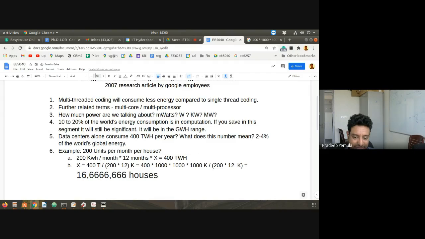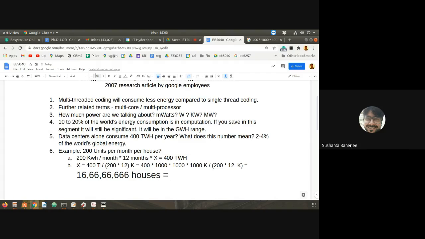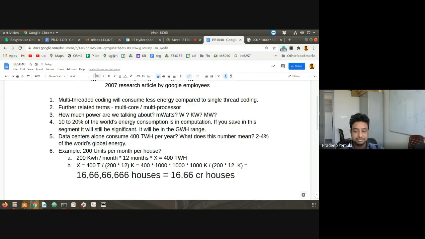Am I correct? Yes, sir, 16.66 crore. So how much energy do 16.66 crore houses consume in one year? That much energy our data centers across the world are consuming. So it's a huge amount.